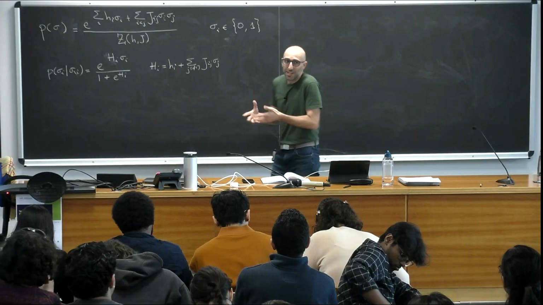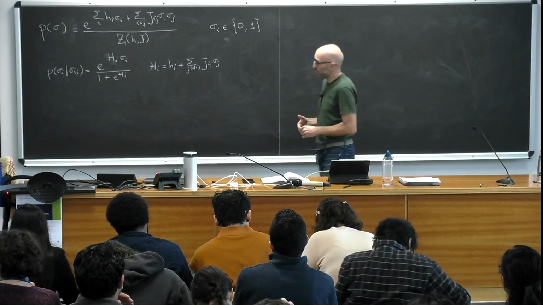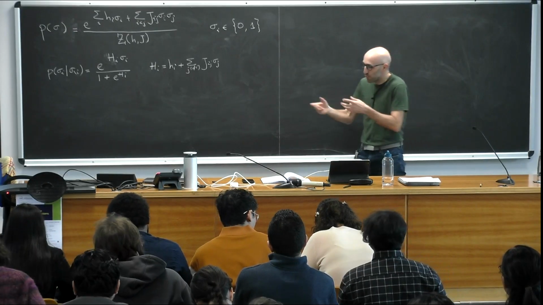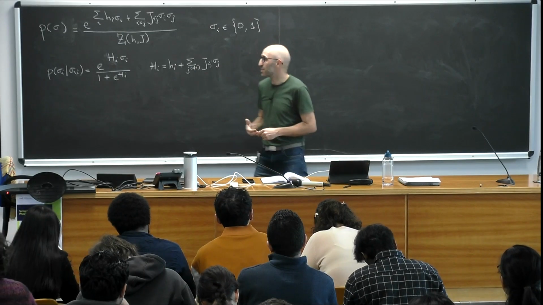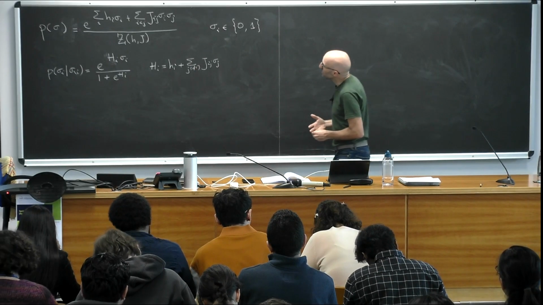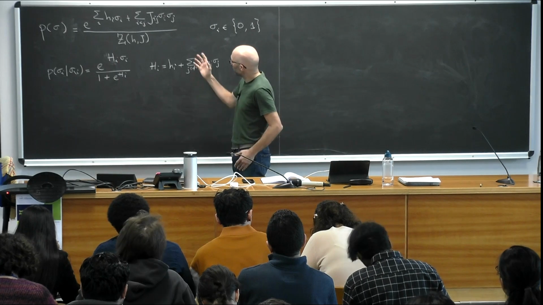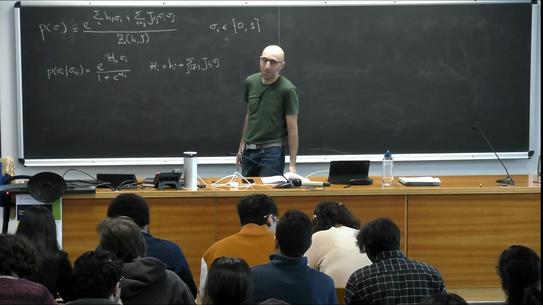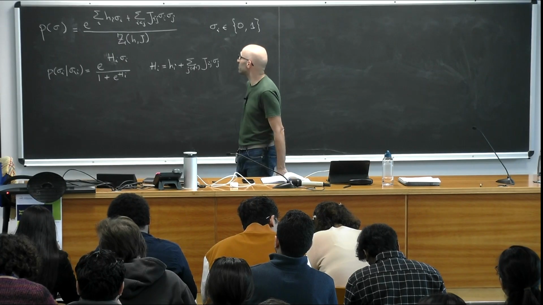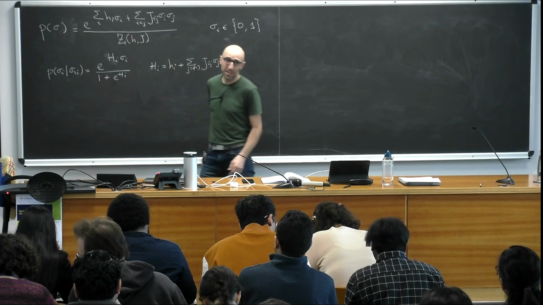From this you can get information about your system, for example which neurons are the strongest in interacting, and so on and so forth. So we choose this model, which is a Boltzmann distribution of an Ising model with local fields and two-body interactions.